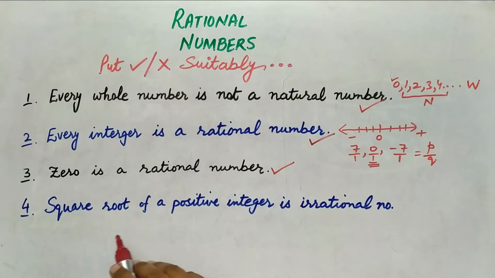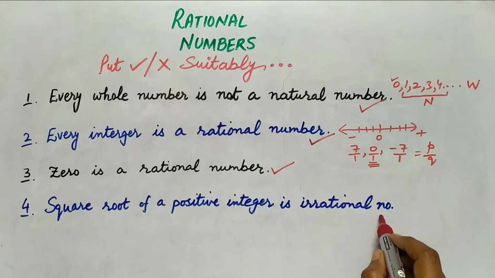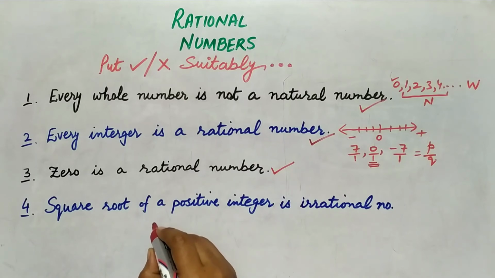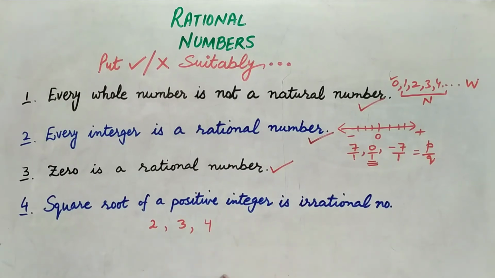Last one, the square root of a positive integer is an irrational number. Suppose we take positive integers 2, 3, 4. Now their square roots: square root of 2, square root of 3, square root of 4.